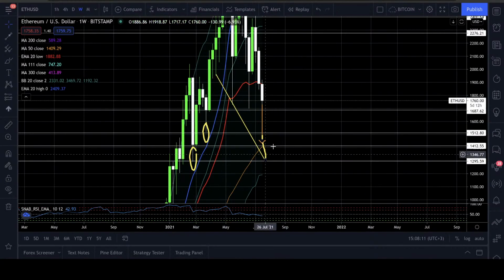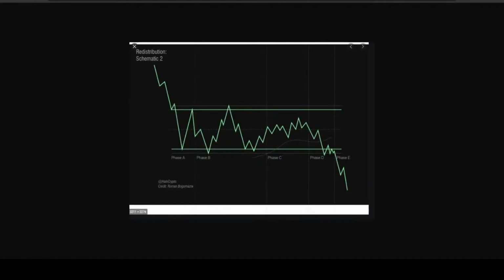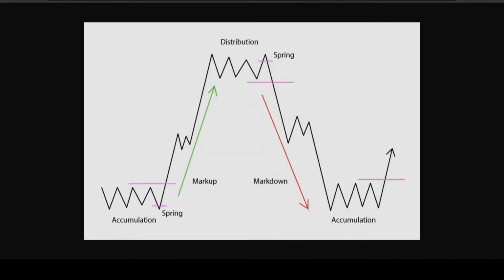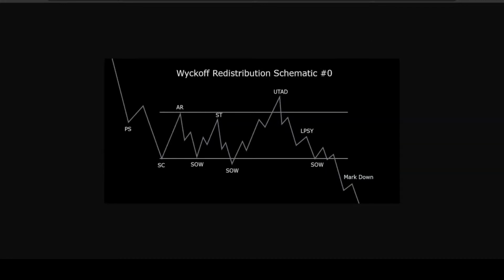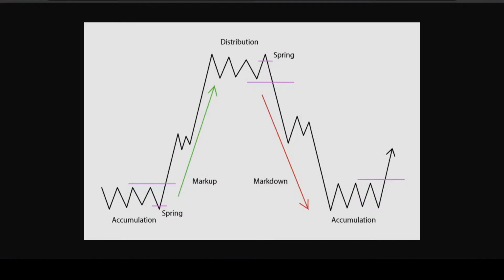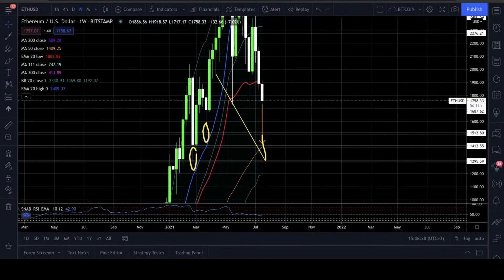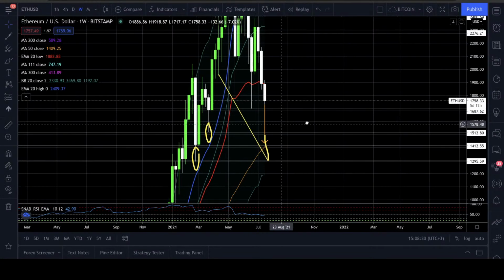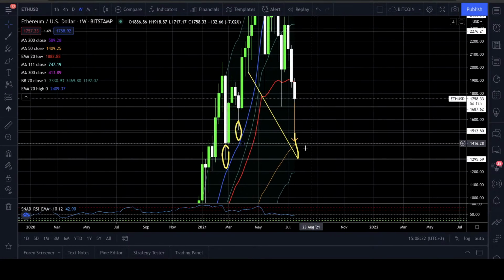It's also close to the 50-week moving average. So that's the reason why I feel we're going to drop to 1300.